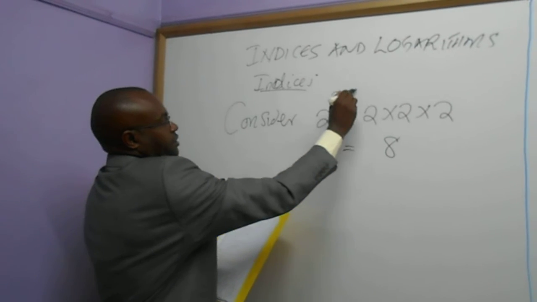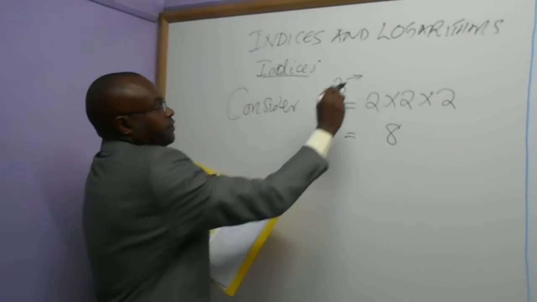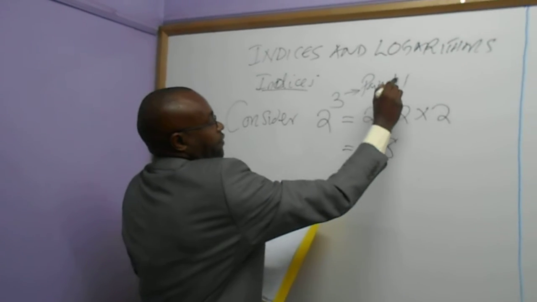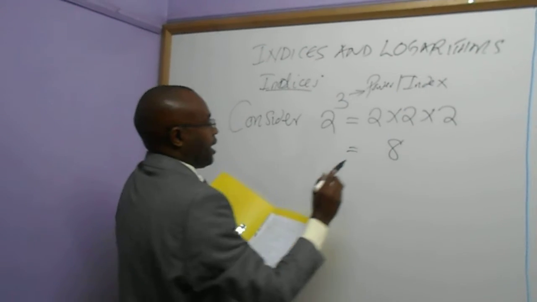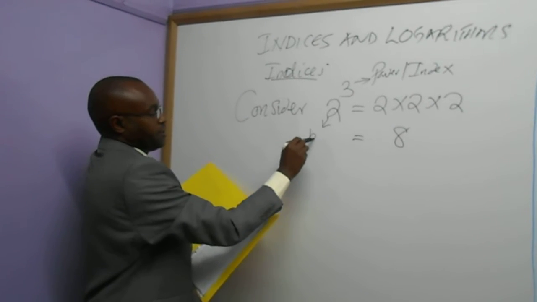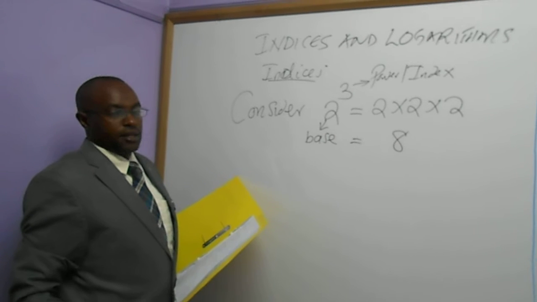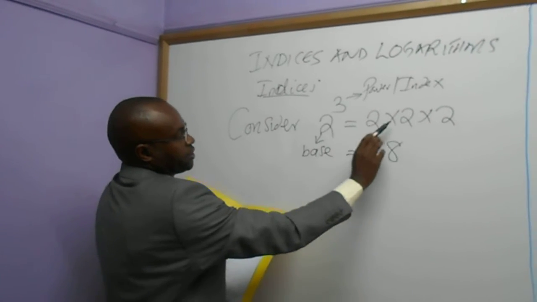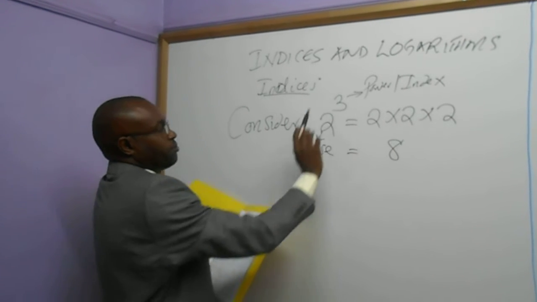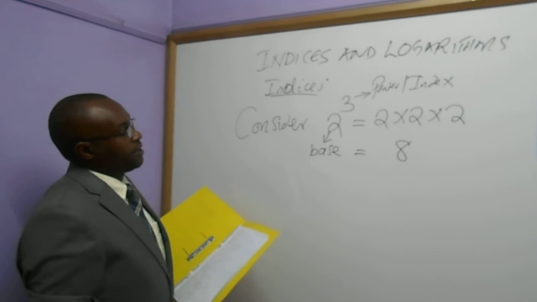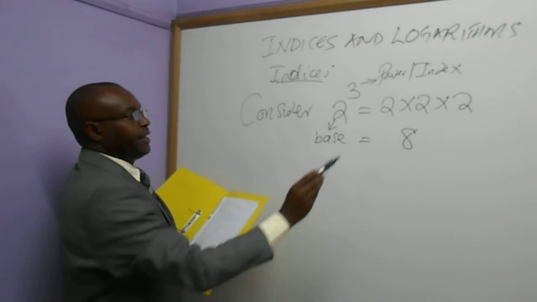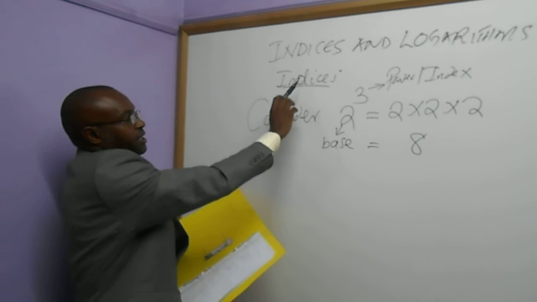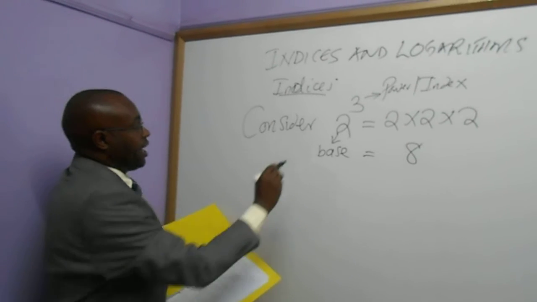This means that the number 3 is referred to as the power or the index, and the number 2 is referred to as the base. Therefore, the short form of writing 2 times 2 times 2 is 2 to power 3, and 3 is referred to as the index. Of course, index is in singular, and when we talk in plural, we are talking about indices.